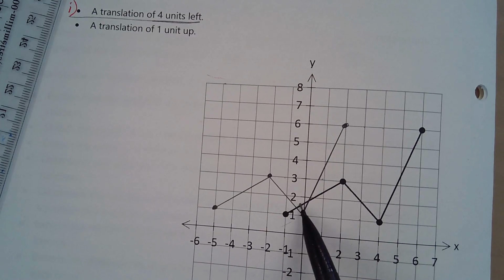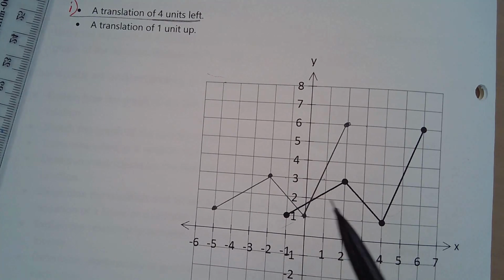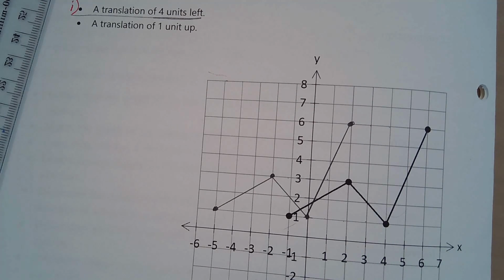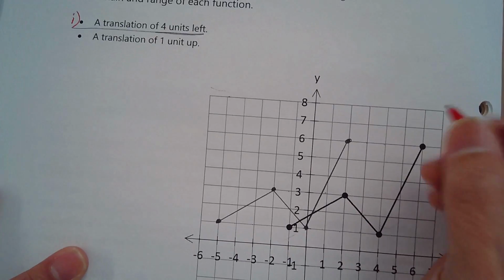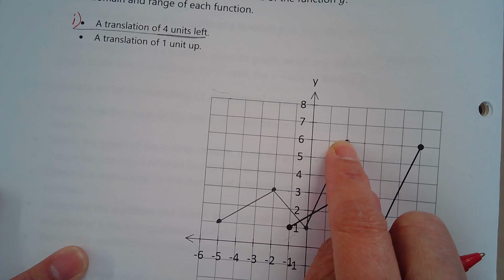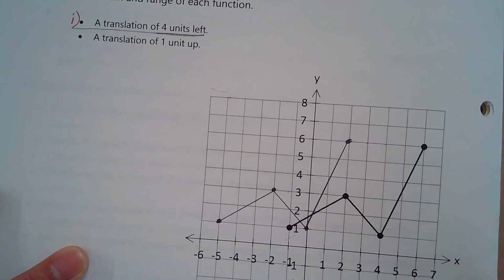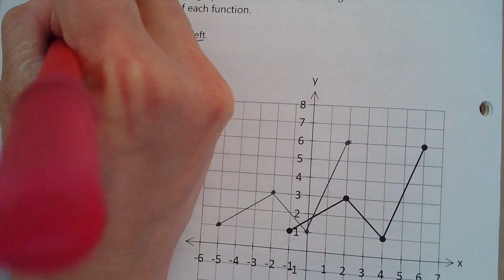I don't have to move every single point because everything will just follow as we go. Okay? Good? Okay, so that's that part. This is the 4 units to the left. This is what it looks like now. Now we're going to do the second one.